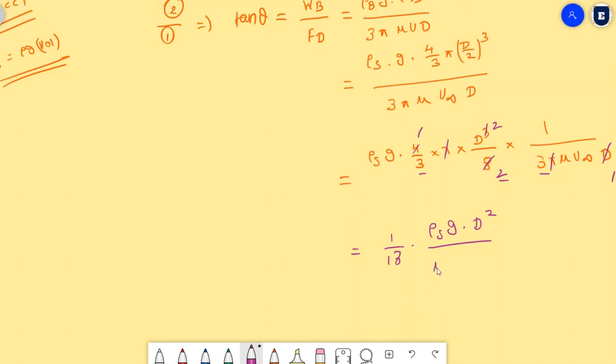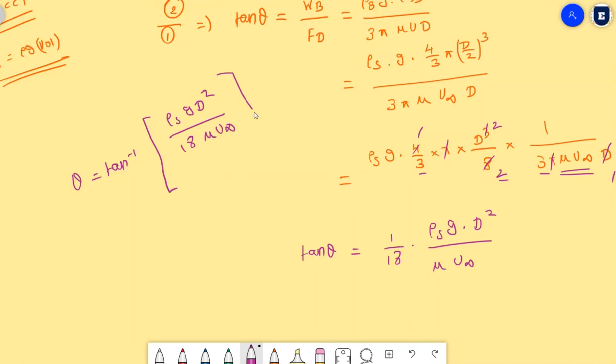And in the denominator, it's going to be mu u infinity. Was there anything else? Mu and u infinity. I hope that's it. Fine. So this is going to be tan theta. So finally, what will be my theta? Tan inverse of, just applying inverse on both sides, rho s g d square by 18 times mu u infinity. Let us check the options and find out which one is correct.